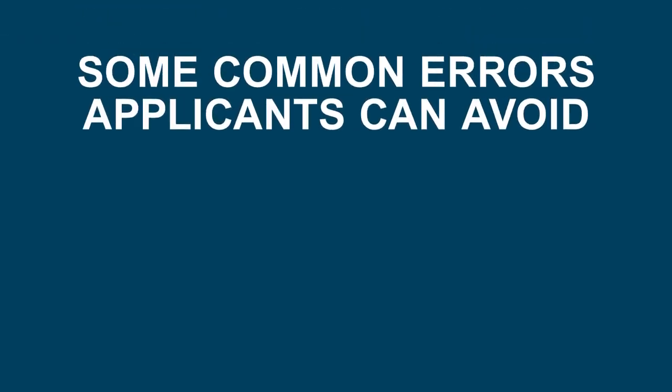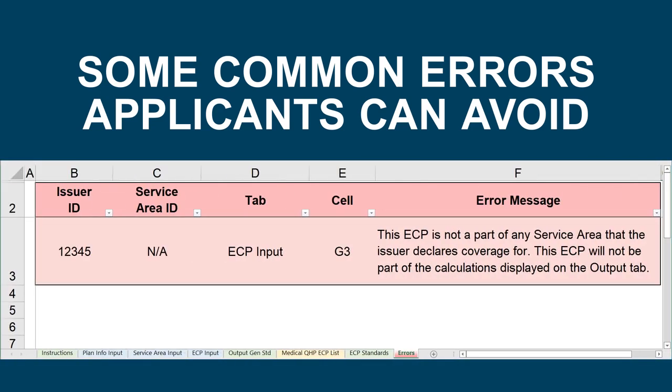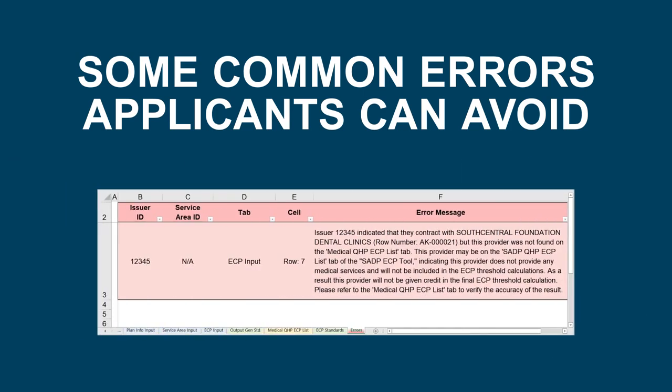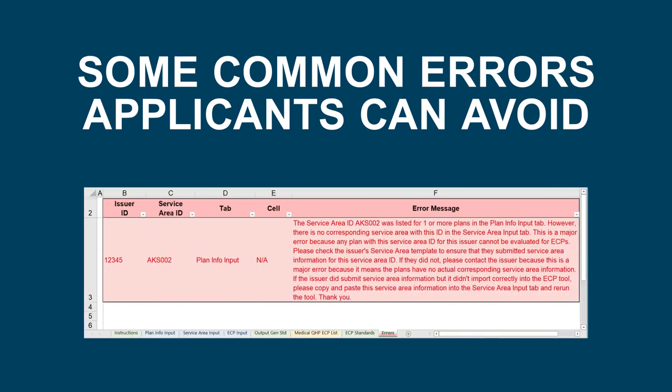Some common errors that applicants can avoid include: an applicant lists an ECP that is not part of the issuer's service area. An applicant lists a dental provider within its medical QHP ECP tool rather than the SADP QHP ECP tool. An applicant imports inconsistent user data into the medical QHP ECP tool or SADP QHP ECP tool from the Master Review tool.